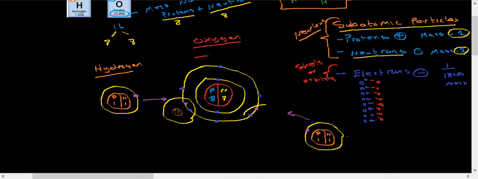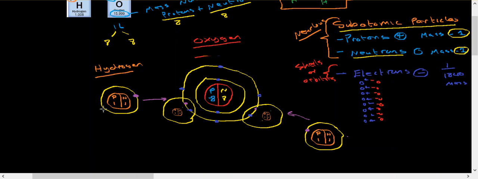The orbitals are going to overlap, like so. And then you'll get this nucleus, which would be inside here like that.